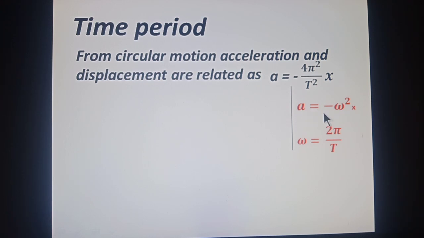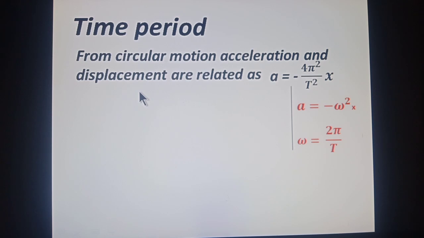Then a equals minus omega square x, or replacing omega with 2 pi f, and we know that f equals 1 by T. So we get the equation a equals minus 4 pi square over T square into x. 4 pi square over T square is the value of omega square. So for circular motion, acceleration is related with displacement through time period by this equation.